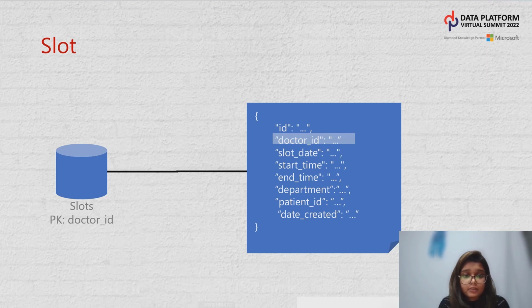And to improve it further, since it is a one-to-one relationship, we can directly map patient ID and date created into the document. We don't require the is free field, because if the patient ID exists in the document, that means the slot is booked. And yes, the primary partition key is going to be the doctor ID, because all the operations are determined for a particular doctor.